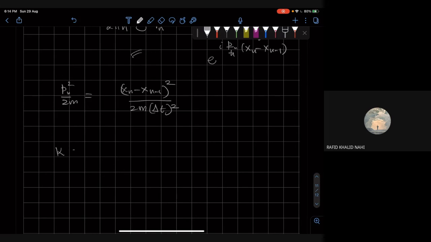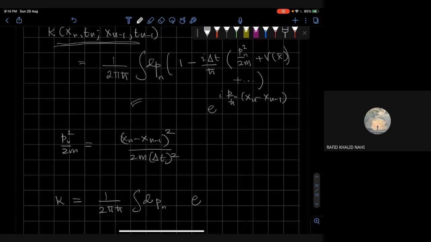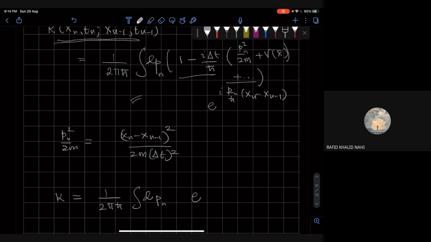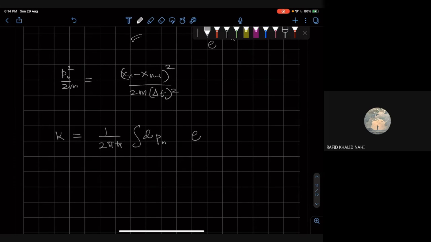K is going to be 1 over 2 pi h bar, integral over, say, dp_n. And now I'm going to exponentiate it because now this is just a small thing. So, up to second order, this is equal to the exponential. I'm going to write this as e to the power minus i by h bar delta t times the Hamiltonian minus p times (x_n minus x_{n-1}) by delta t.